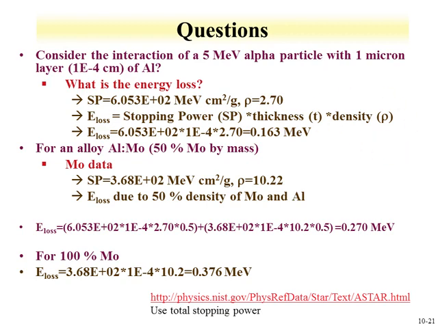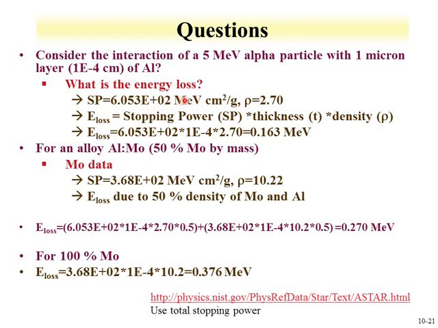For aluminum, if we go to the ASTAR web page and look at the data for 5 MeV, we get a stopping power of 6 times 10^2 MeV centimeter squared per gram, and the density of aluminum is 2.7 grams per centimeter cubed.